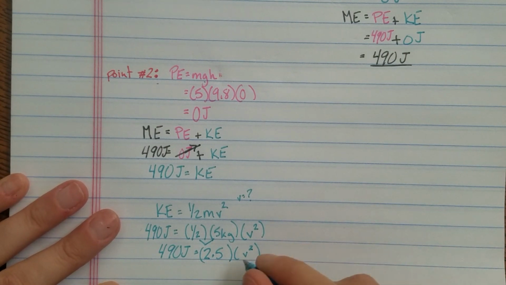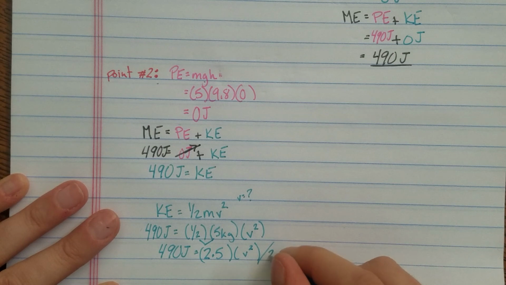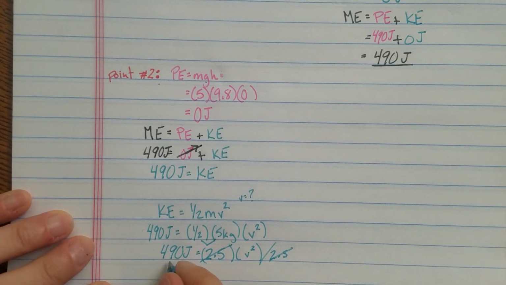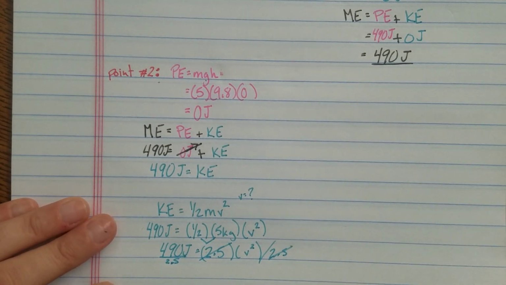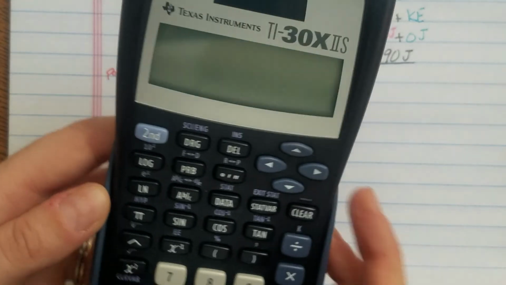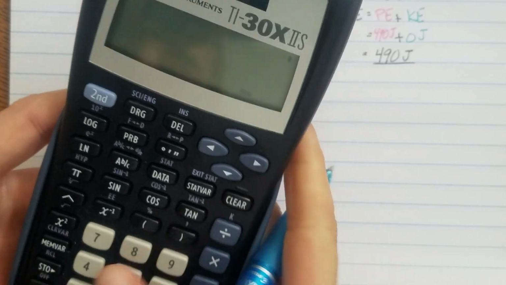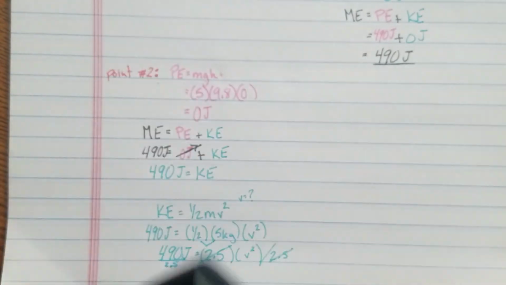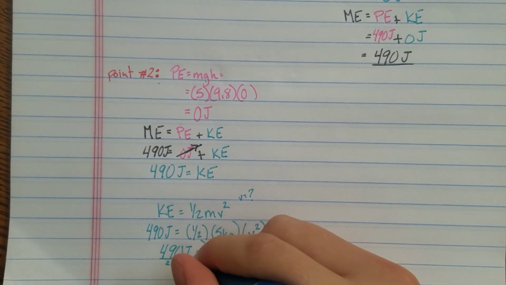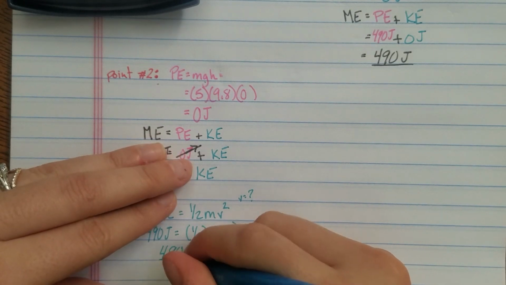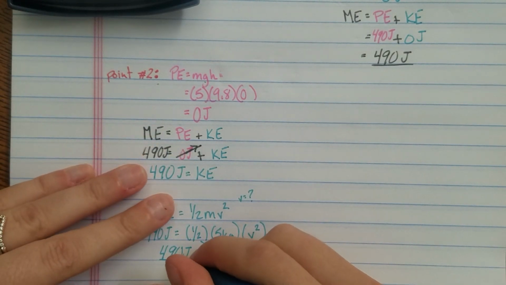Now I'm going to divide both sides by 2.5, so it cancels over here on the right. I'm writing a little small so I don't run out of paper. So 490 divided by 2.5 is going to give me 196 over here.